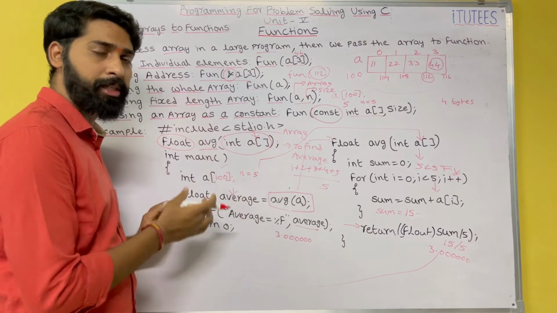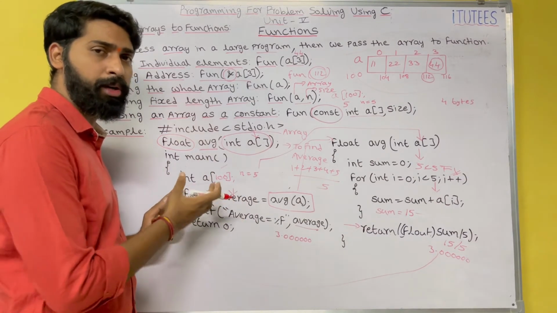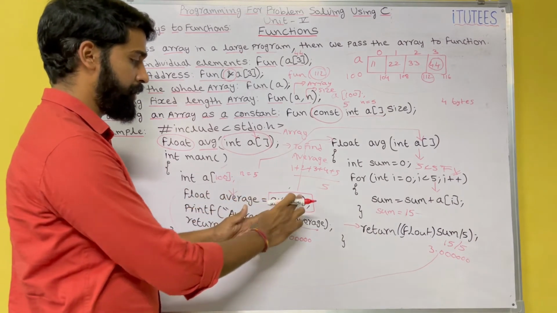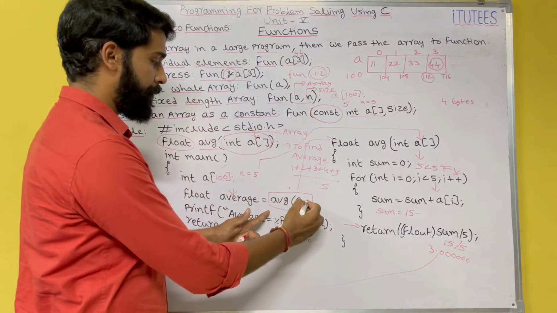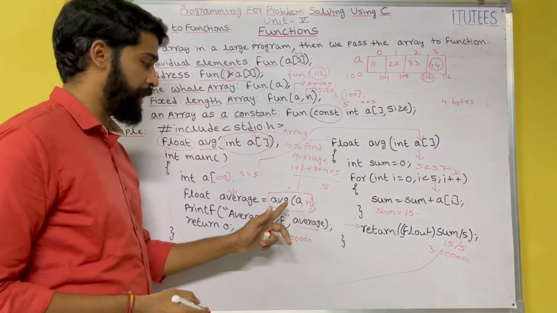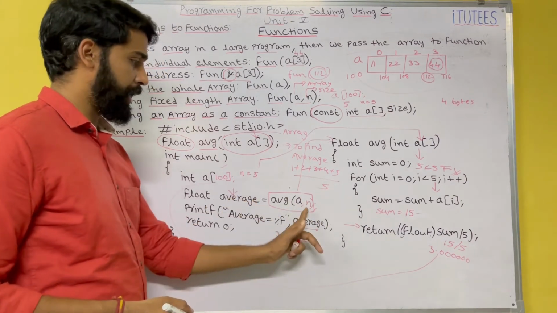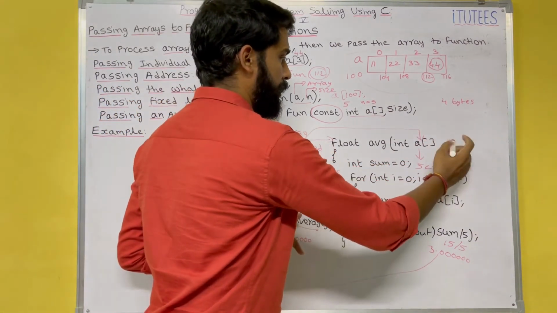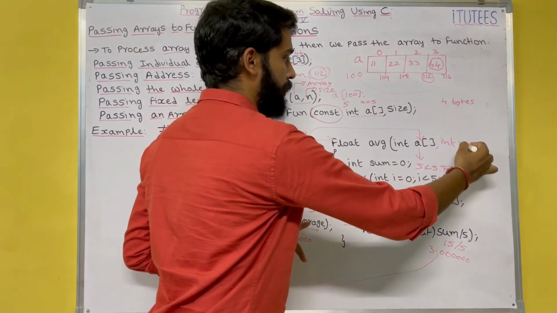Already we discussed how to read the values from the keyboard into an array. So float average equals avg of a comma n as input. So a represents the array, n represents the size. Here we take another parameter, int n.